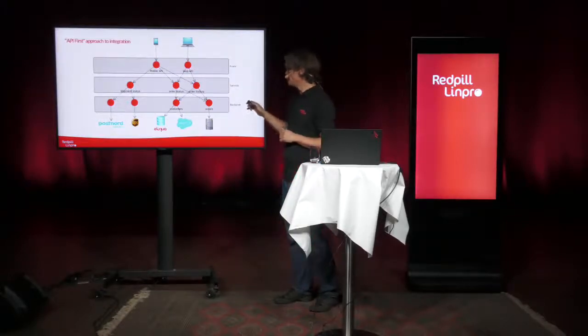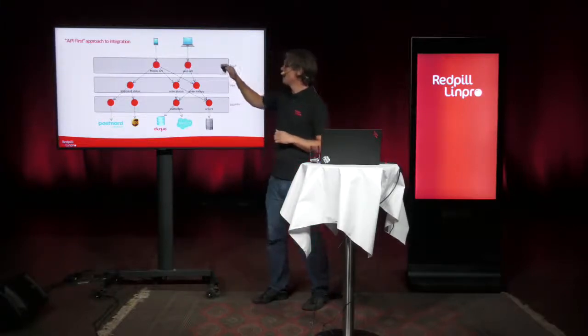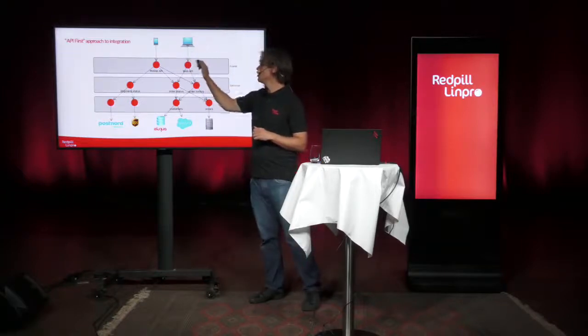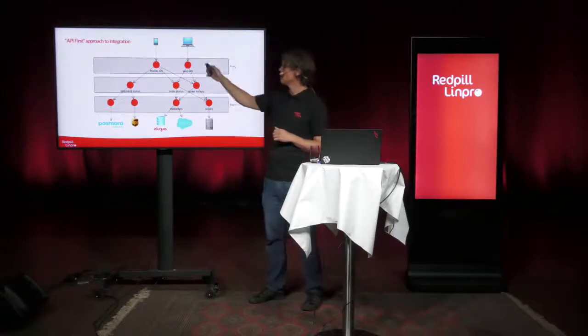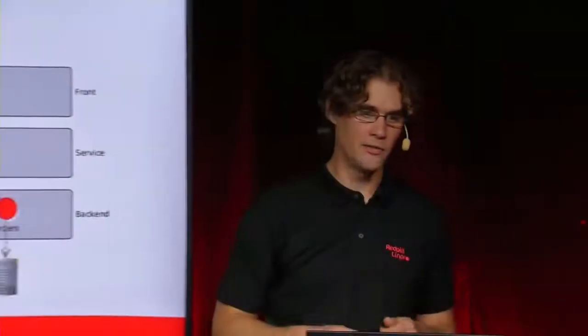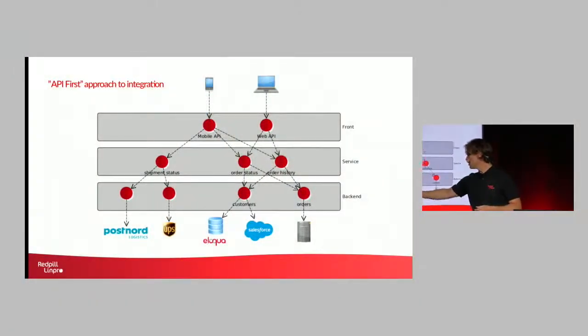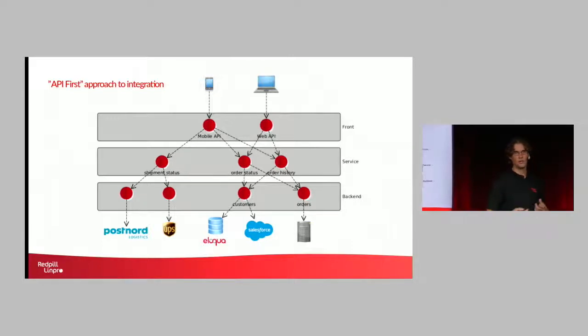So, for instance, we have a system that needs to consume data from these backend systems. In this case, we have a web application that the customer is developing. That web application needs to get access to customer information, which is stored in Salesforce and Loqua. It also needs to get data from the order system, which is a custom-built in-house order system.